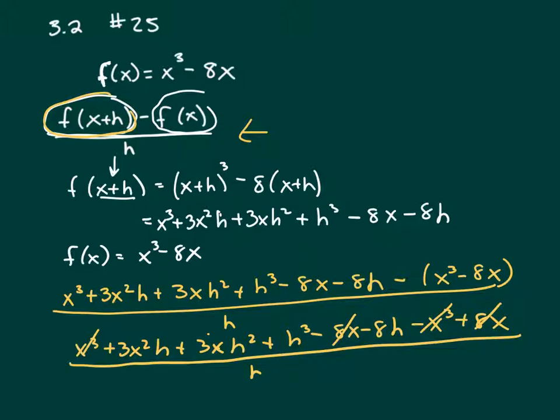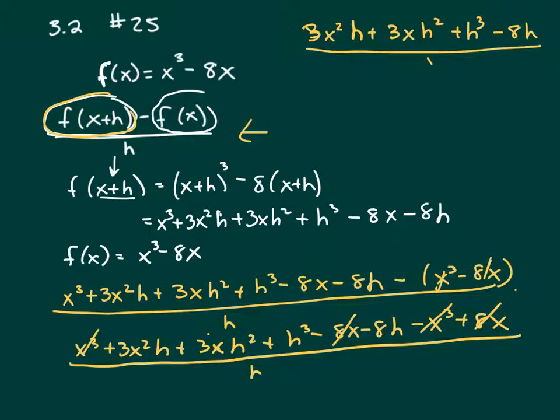I've got 3x squared h plus 3xh squared plus h cubed minus 8h all over h.